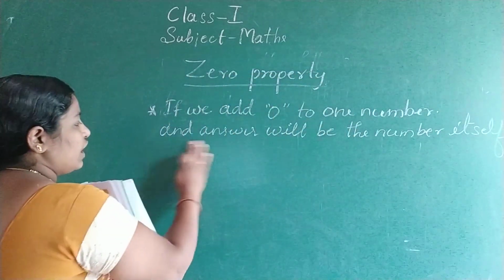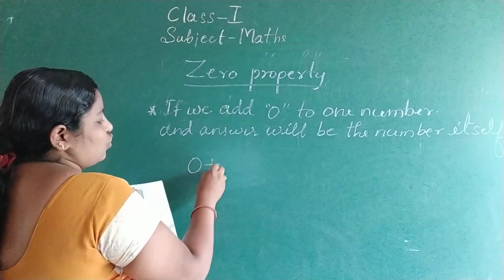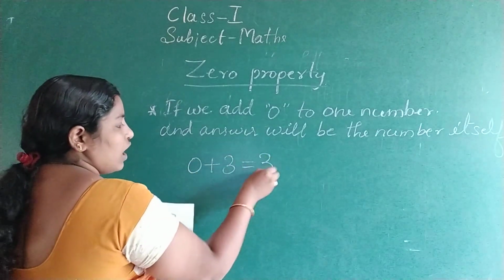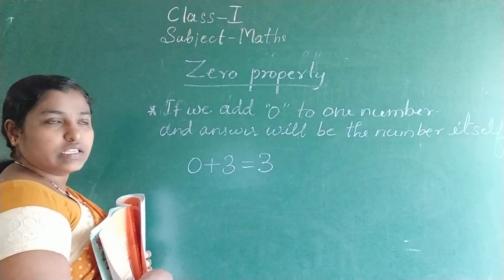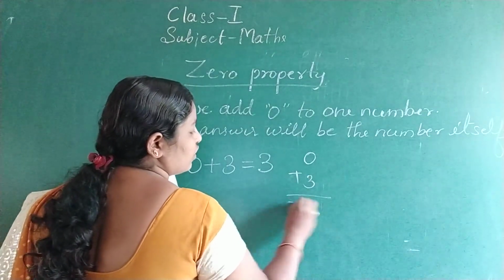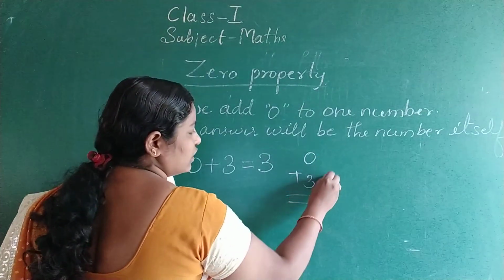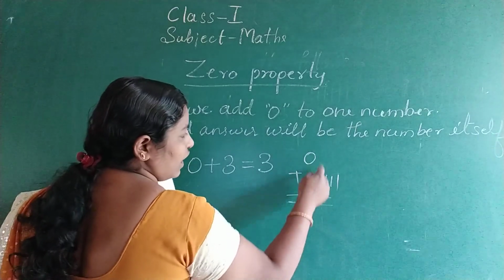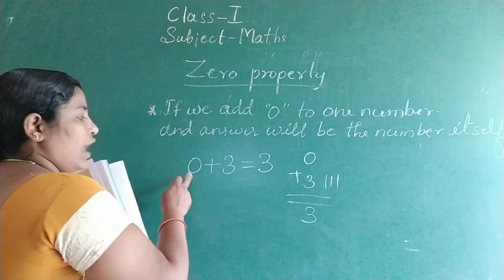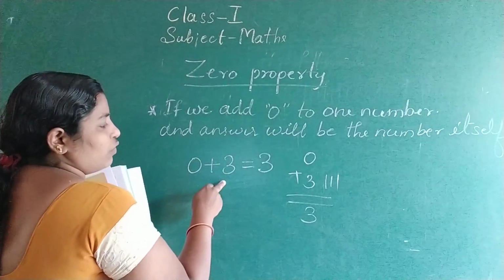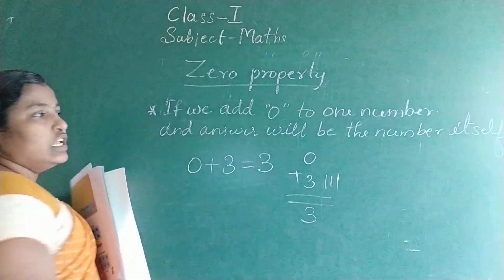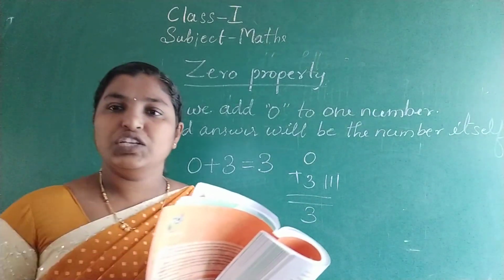Suppose we add 0 to a number: 3 plus 0, the answer will again be 3. See, I will show you. 0 plus 3. 0 means no line, 3 means 3 lines. How many are there? Totally 3 lines. So if we add 0 to any number, we get that number again as the answer. This is the 0 property of addition.